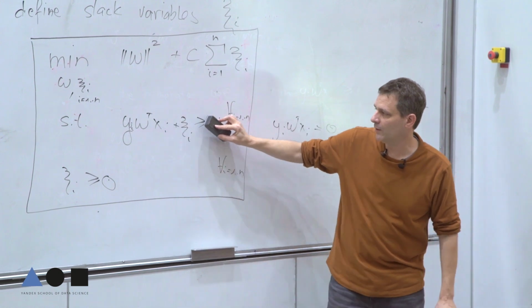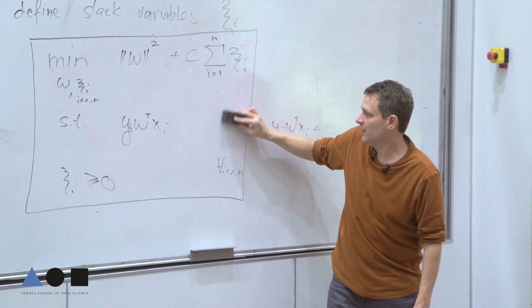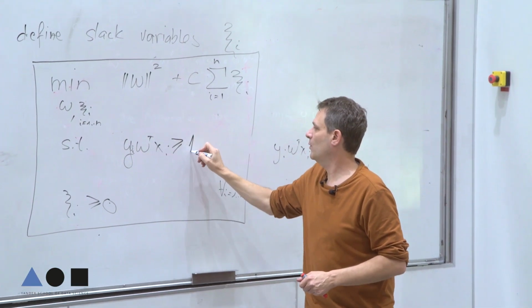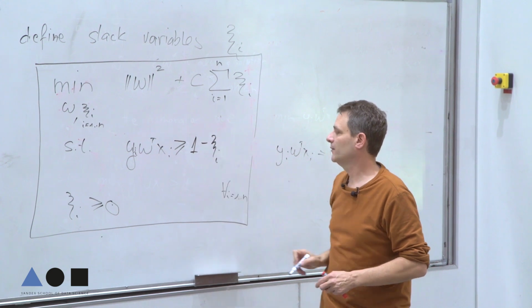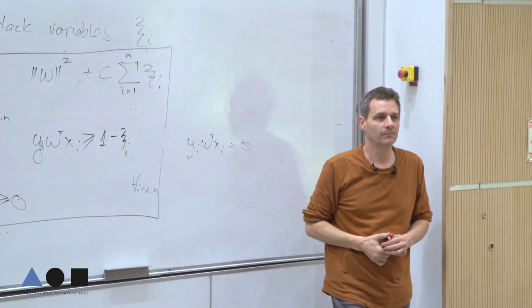Usually, for some reason, it's not written exactly this way. It's written in the following way: you ask it to be larger than 1 minus psi i. I don't know why.